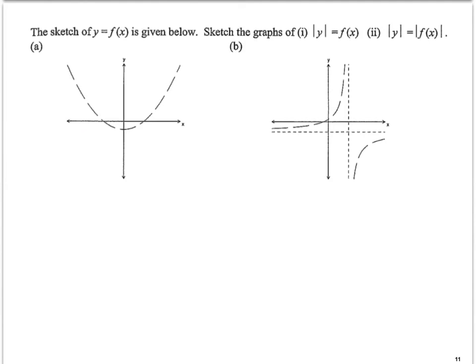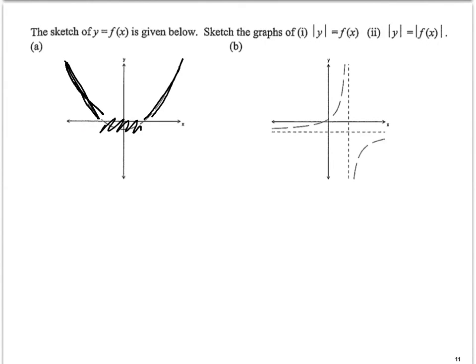First one. The way that you do this one is you are going to just leave everything above the x-axis unchanged. So this part here, and this part here, those bits there are going to stay the same. The bit at the bottom you're going to get rid of. Forget about all of that.